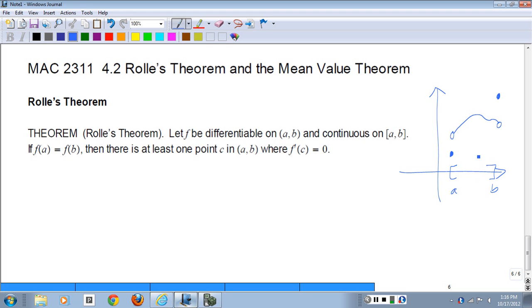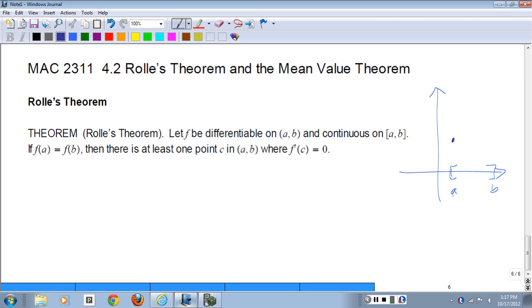Also, if it went off to negative infinity, had a vertical asymptote right there, in that case, it would not be continuous on the closed interval, even if it's defined to be something weird at A. So we want to just think what the picture ought to look like if it's nice and smooth in between and continuous there.